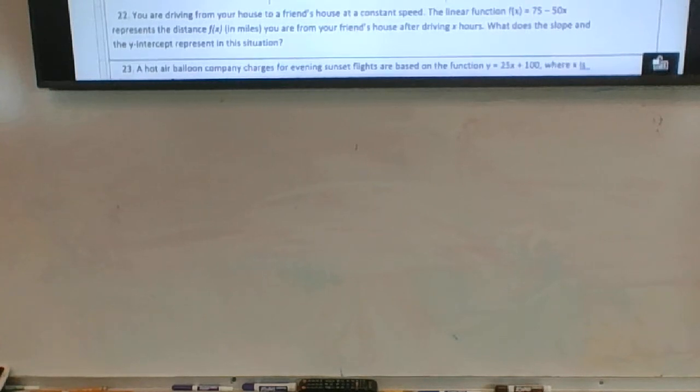Yeah. Alright, if you have graph paper, you don't have graph paper. And then on 21, intercept.